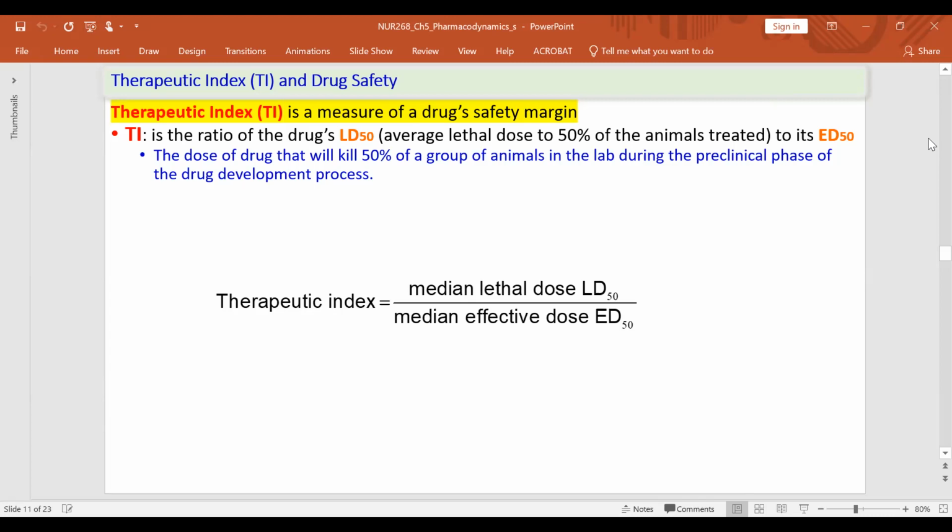So the TI, the relationship between the lethal dose and the effective dose, equals LD50 divided by ED50. And that's how we calculate the therapeutic index.